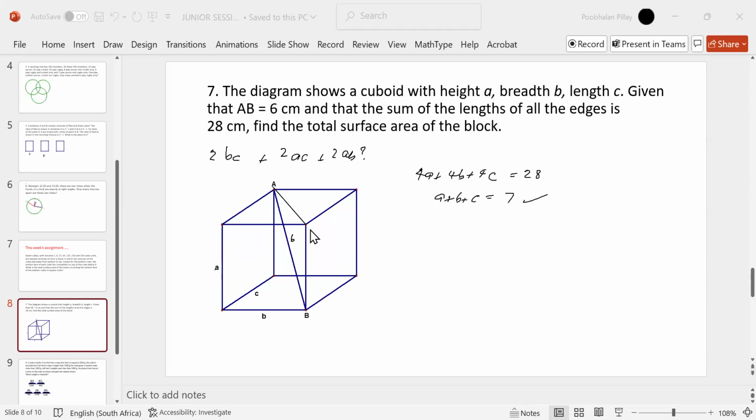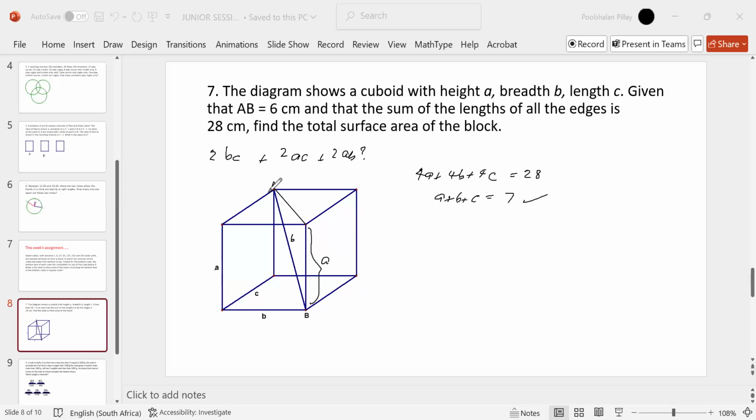So by joining it, I've got a triangle. Do I know anything in this triangle? Well, at least I know this one. That's the same as A, right? And I know the hypotenuse. Oh, but wait a minute. This is a right angle triangle, believe it or not, because this is a vertical side.